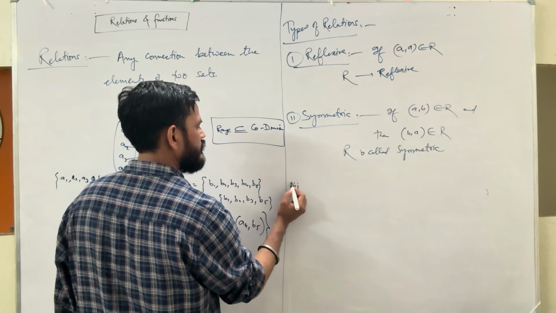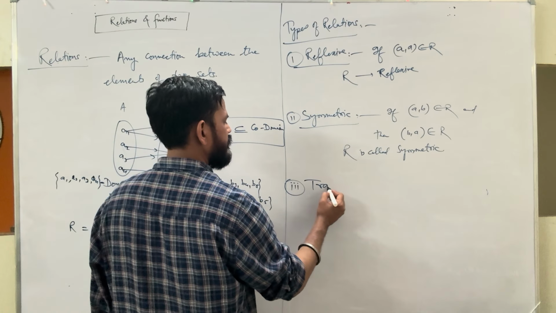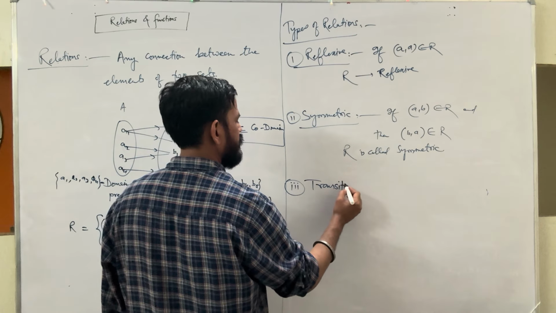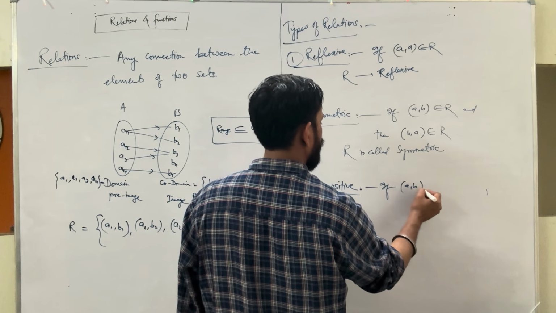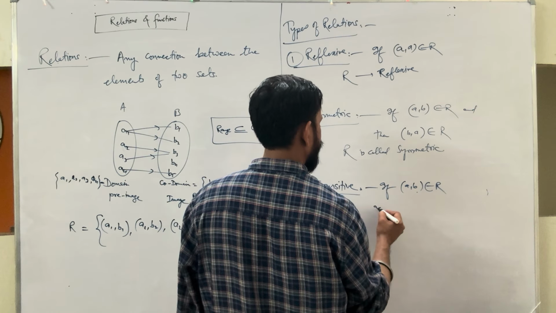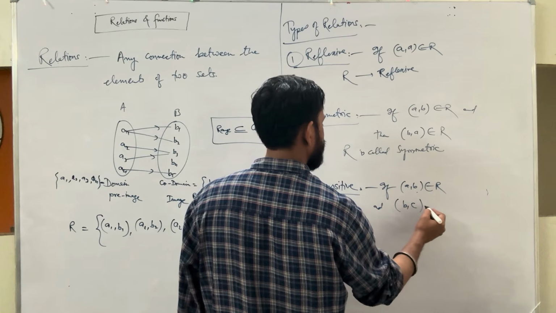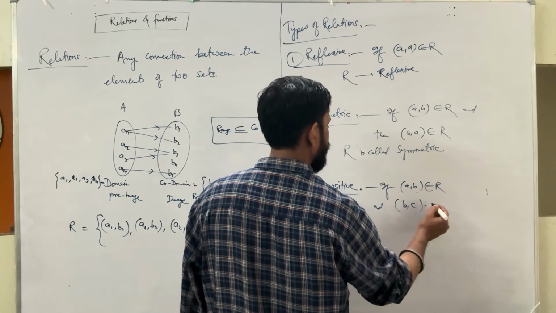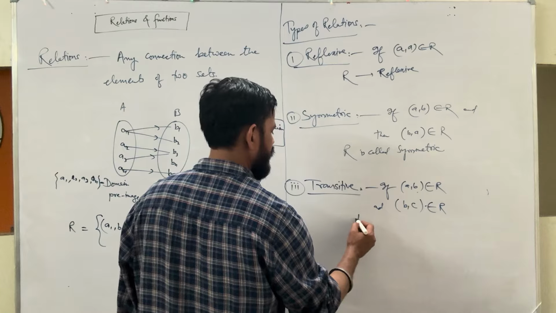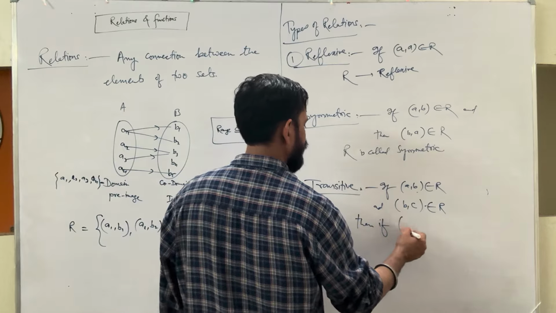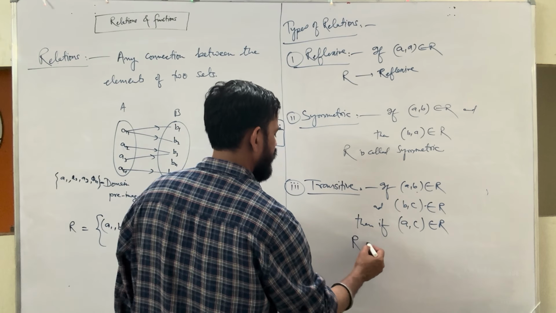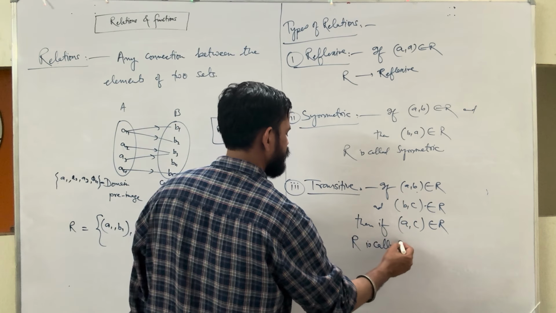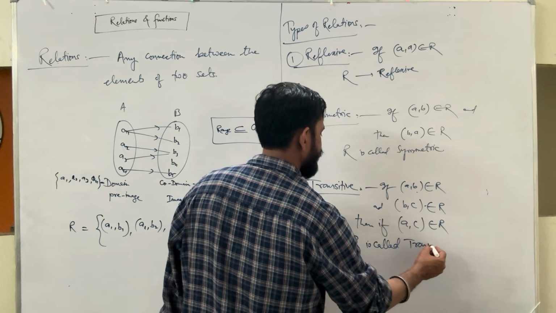Third, transitive. If A comma B belongs to R and B comma C also belongs to R, then if A comma C belongs to R, R is called transitive.